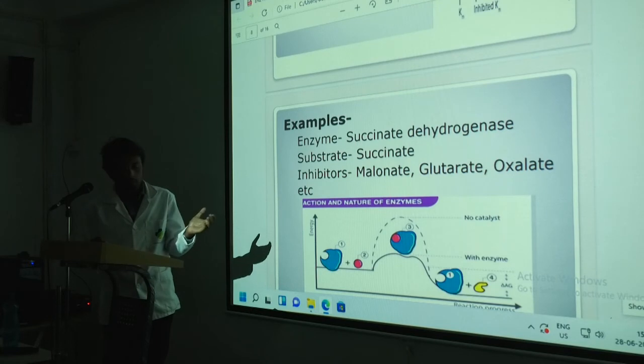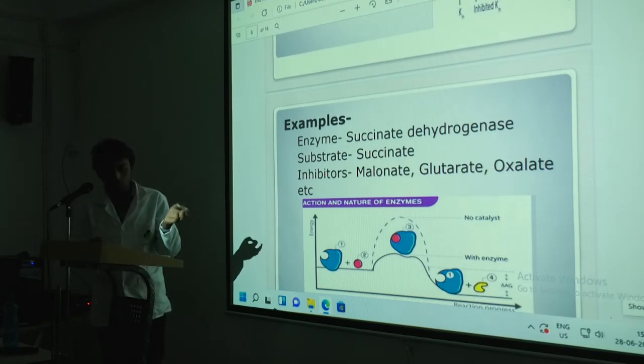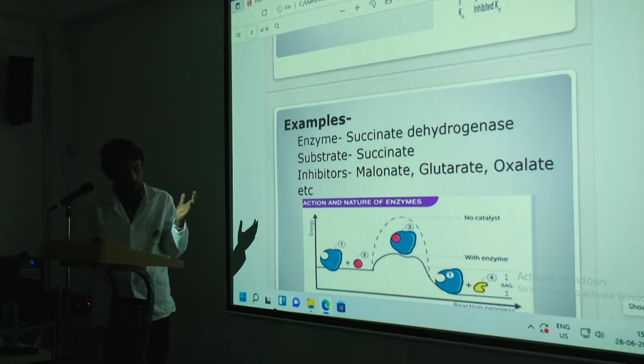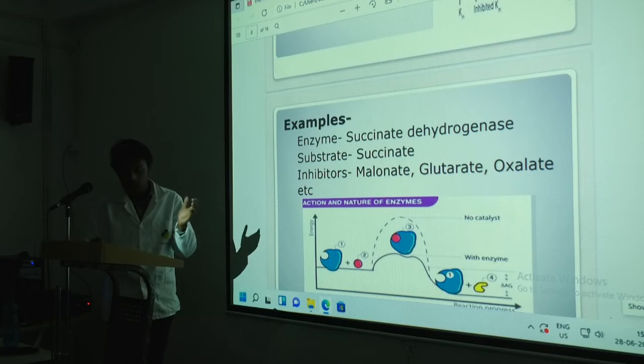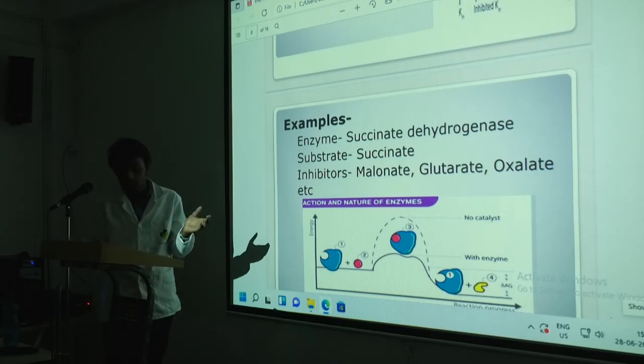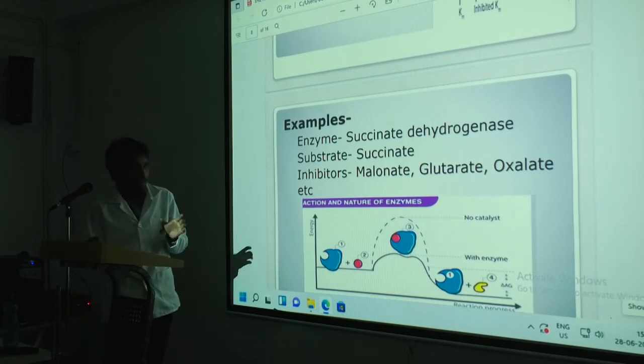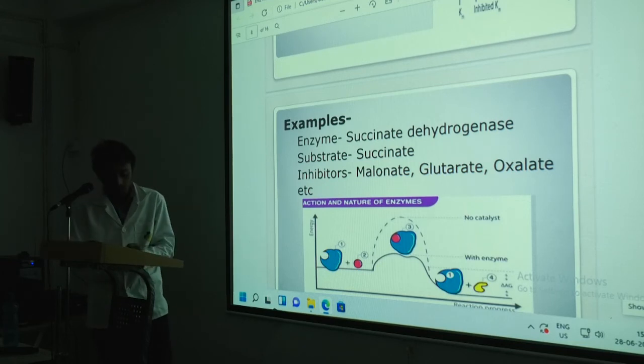So what is the ratio? There is a 1/10 chance for the inhibitor to bind with the enzyme, and now 90% of the enzyme molecules will attach to the substrate. So the enzyme is now forming more enzyme substrate complex.